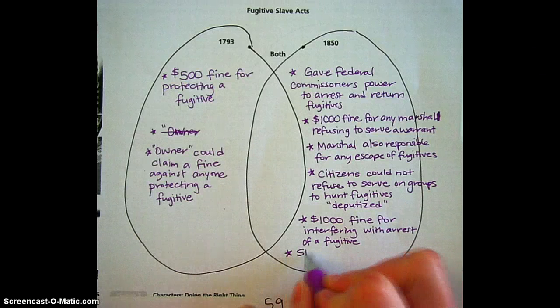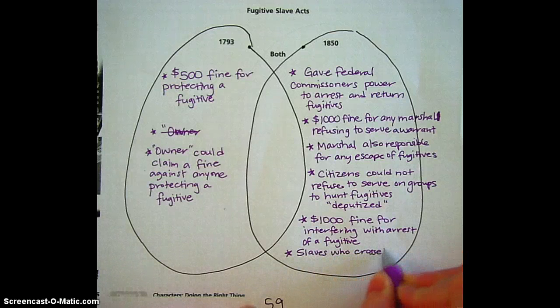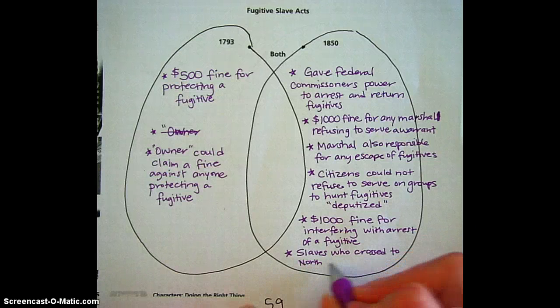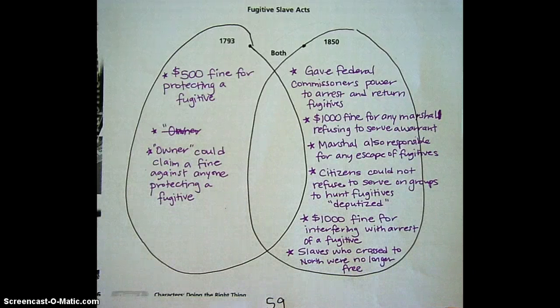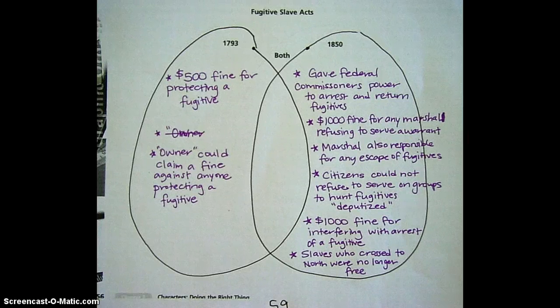And then the big one here, slaves who crossed to the north were no longer considered free. So before, if they had crossed into the north and they were living somewhere else, they gained their freedom. But slave owners in the South didn't like that. They felt like those slaves were property to them and that they deserved to get them back. So the law of 1850 changed a lot of things.